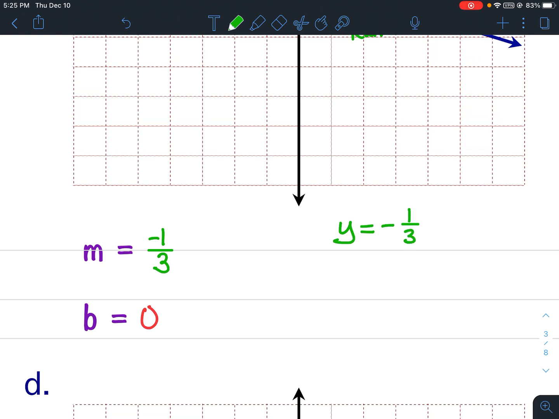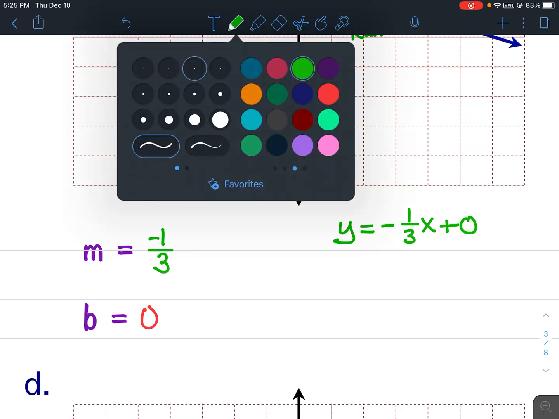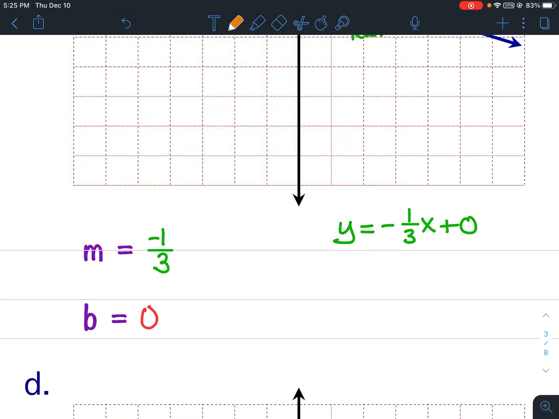I'm going to put the negative out front. If you kept it up with the 1, that's fine. And then plus 0 at the end. But we don't need the plus 0. So circle that at the end. Put don't need 0.